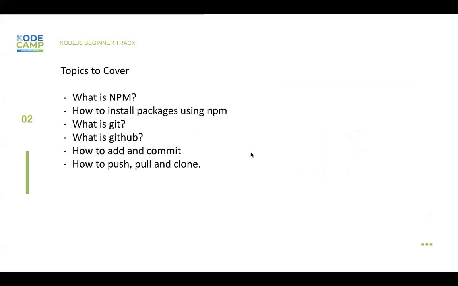So this is what we would cover. What is NPM? How to install packages using NPM? What is Git? What is GitHub? How to add, commit, and push. So you learn how to add your files to the staging area, how to commit them. Commit is the same thing as saving.